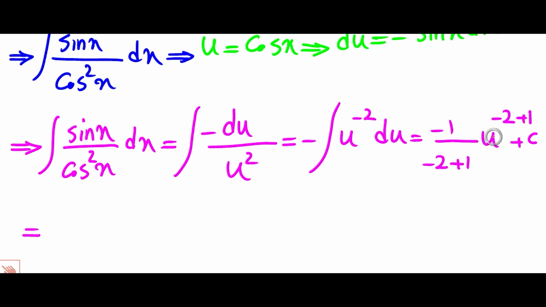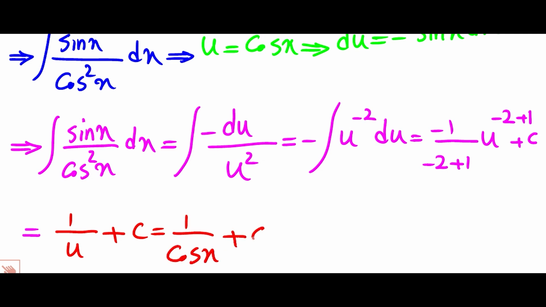So u to the power of negative 2 plus 1 equals u to the power of negative 1, or 1 over u plus c. And we know that u equals cosine of x. We have 1 over cosine of x plus c, or 1 over cosine of x equals secant of x plus c.